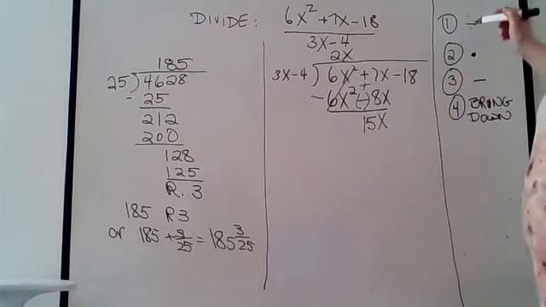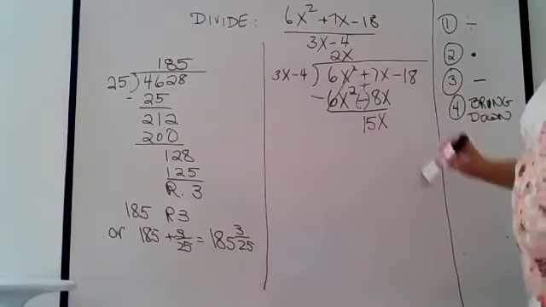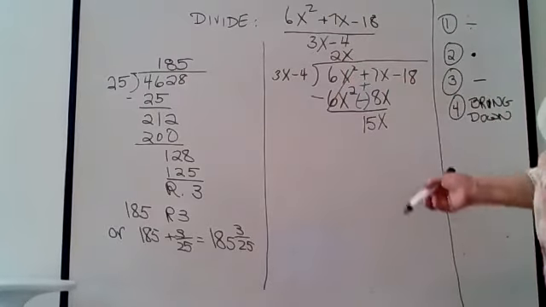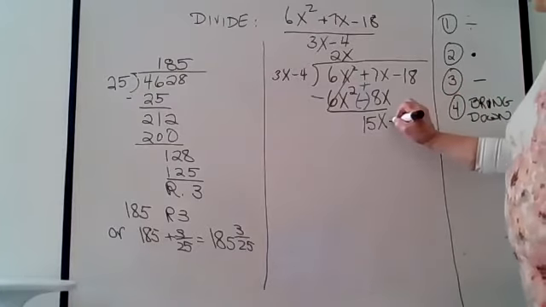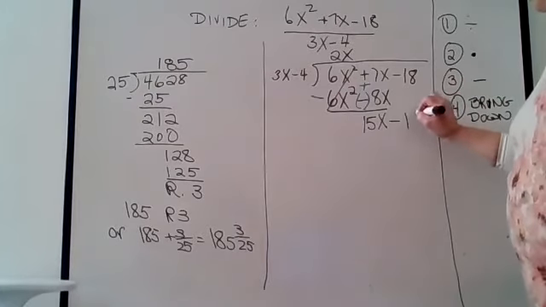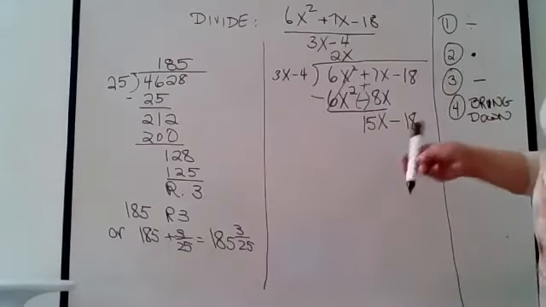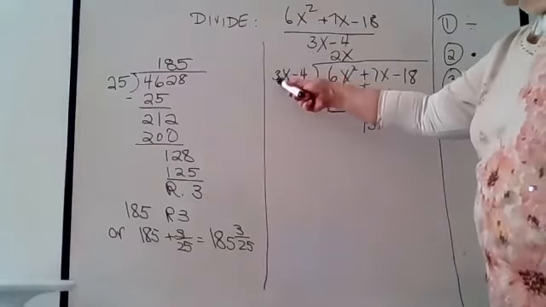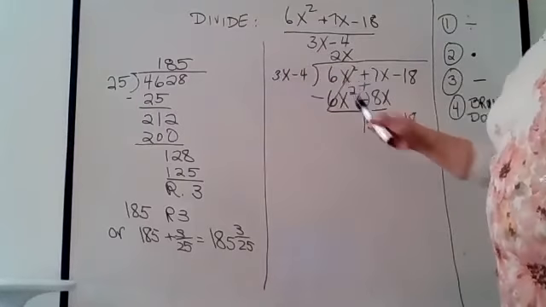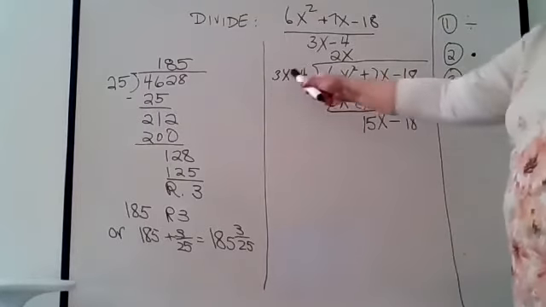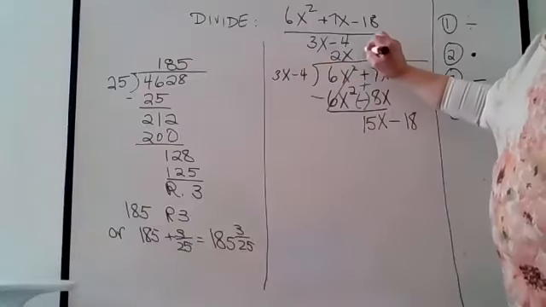Okay, so now we've done the dividing, the multiplying, and the subtraction. We're up to step number 4. Bring down the next term, which is -18. And now we start the process again. We take our 3x, remember when we're doing the division, we're only using the first term, into the 15x. 3 into 15 gives me 5.